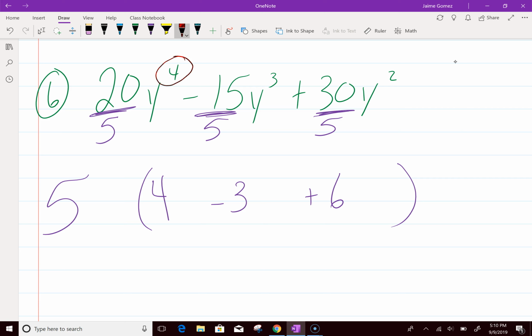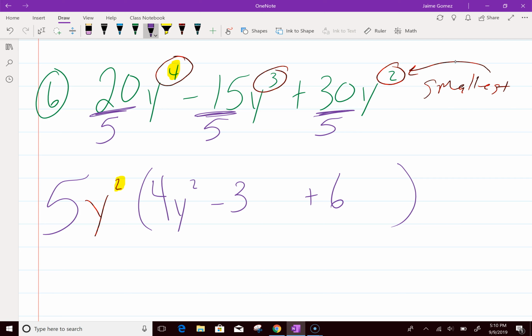Now I have 4 y's, 3 y's, and 2 y's. Which one's the smallest? The 2 is, so take that out. You're factoring it out. I have 4, but I'm taking away 2. 4 minus 2 is 2, so it's y to the 2 here.